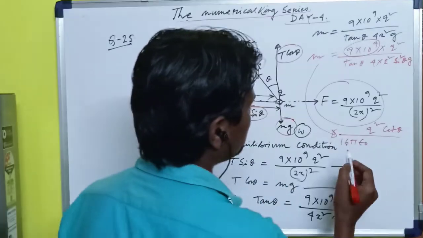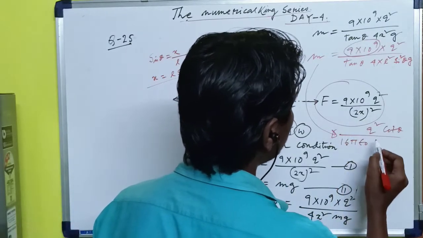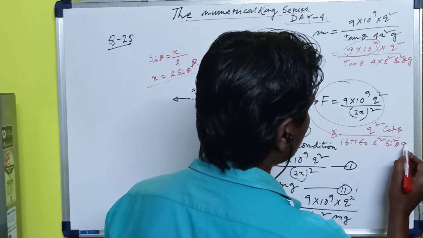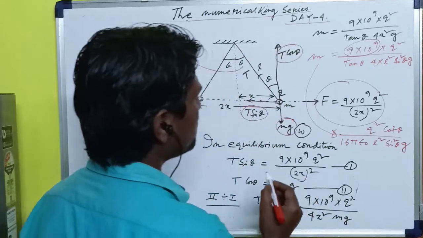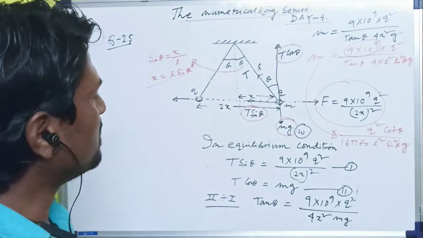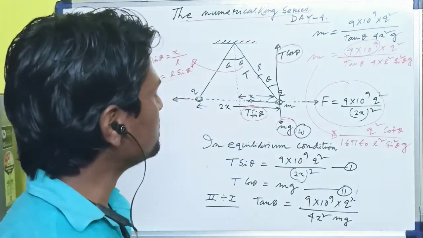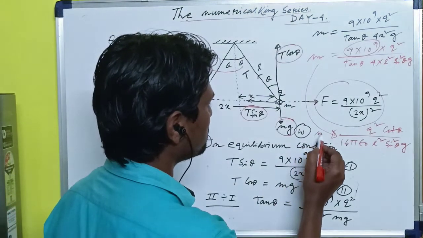So 16 pi epsilon naught into L square sin square theta into g. So this is the answer of the book. So m equals this.